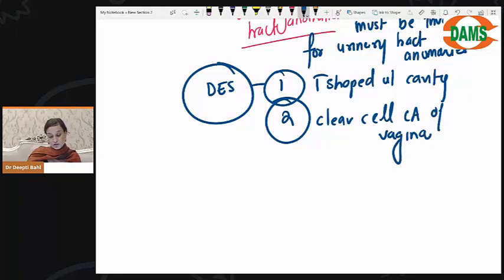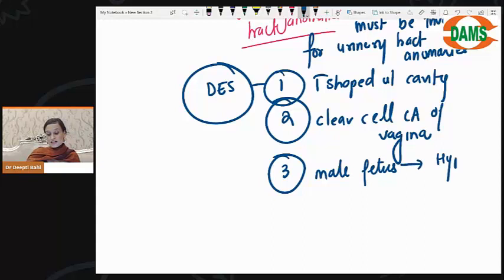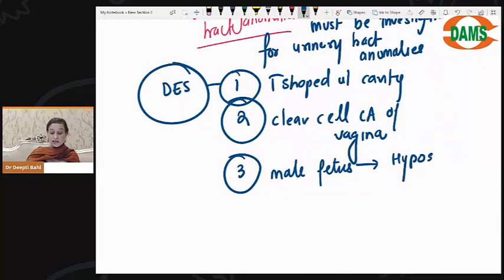Third, if the baby is a male baby, it is classically associated with hypospadias.